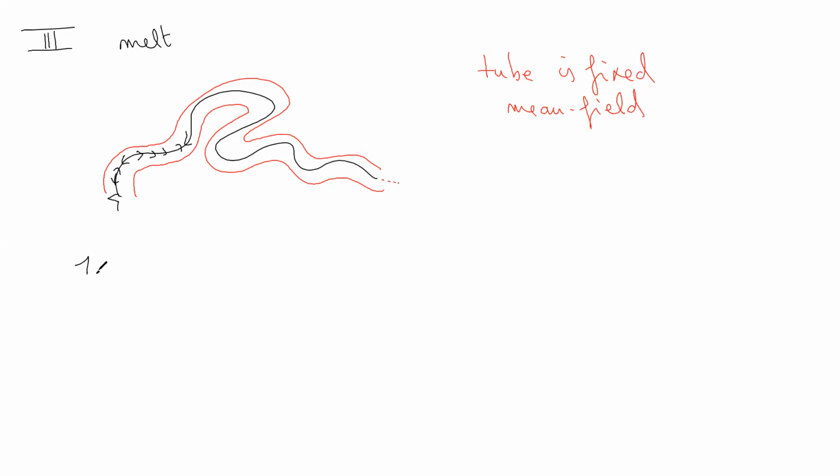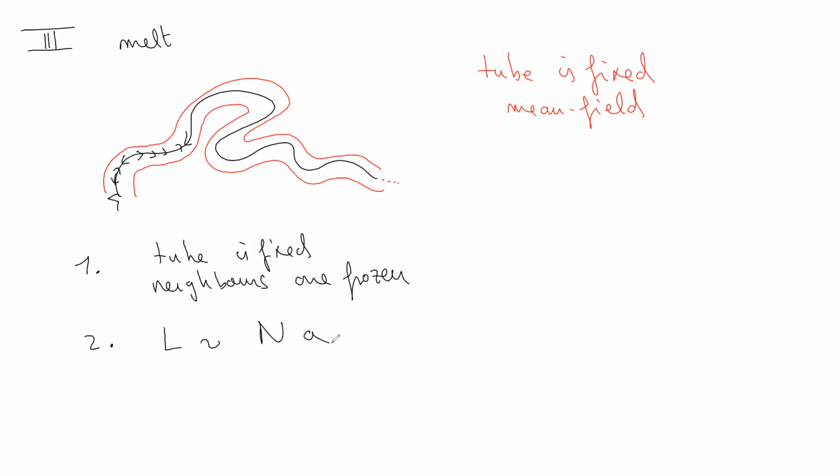So first, it's a mean field description because we say that the tube is fixed. The neighbors are frozen, etc. The length of that tube, the curvilinear length here, is typically provided by the number of objects and their individual size.